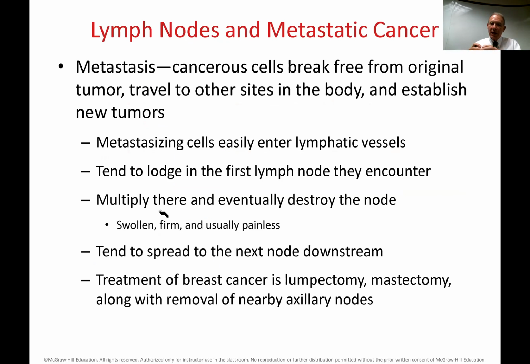So cancerous cells from where that cluster of cancer started break free. Where's one of the first places that they're going to spread to? Well, these cancer cells will get into the lymphatic vessels, and they'll usually get stopped by the first lymph node that they encounter.